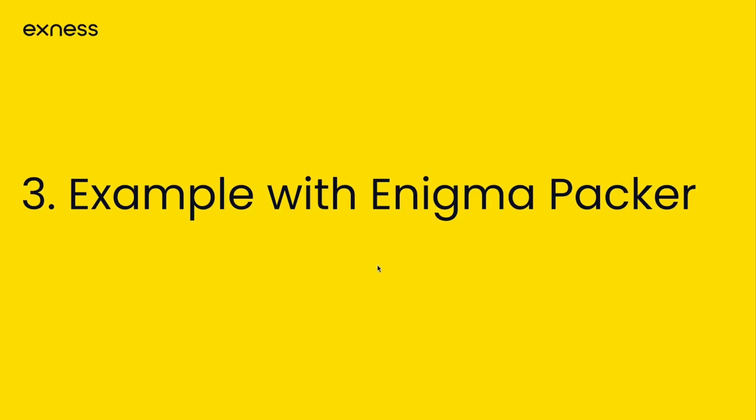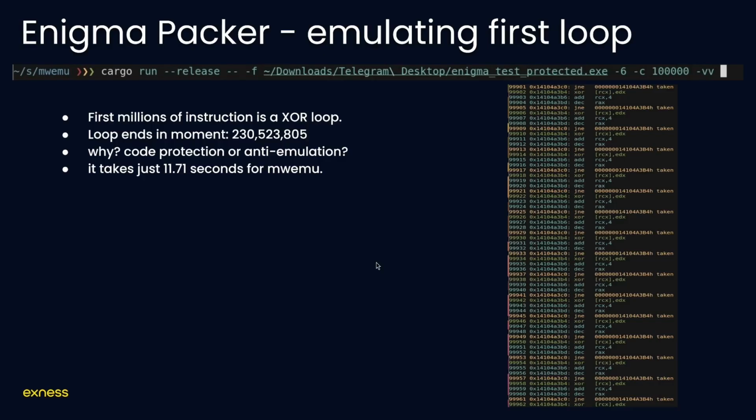And let's do an example with an Enigma packer. Okay, this is using mwemu from the command line. This is the sample, and let's simulate 64 bits the first 1 million instructions in verbose mode.